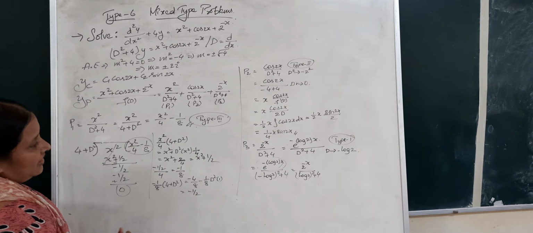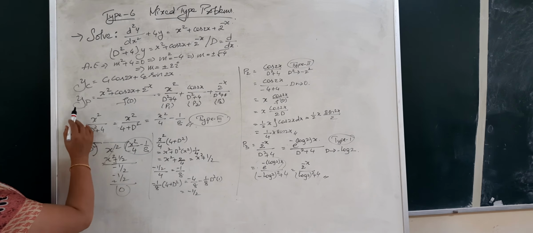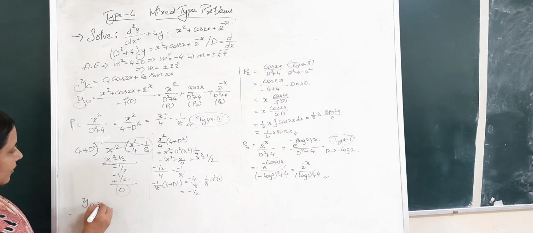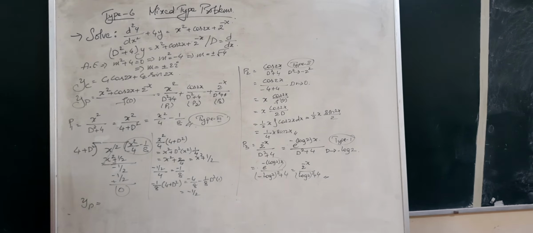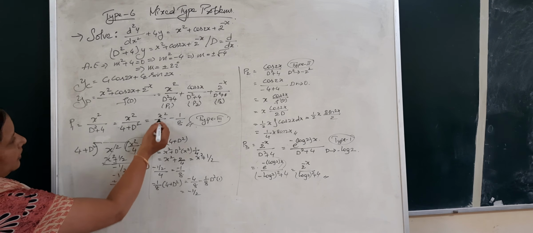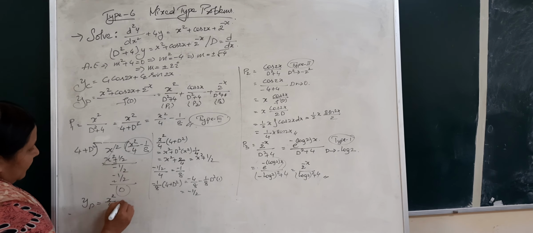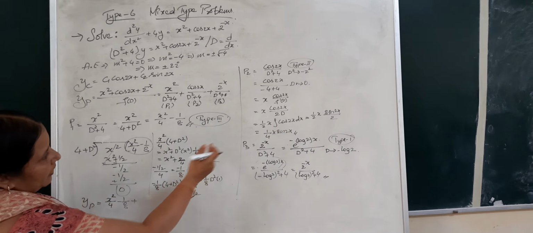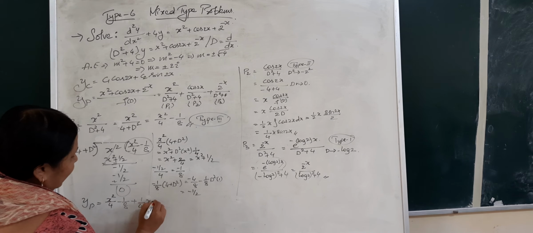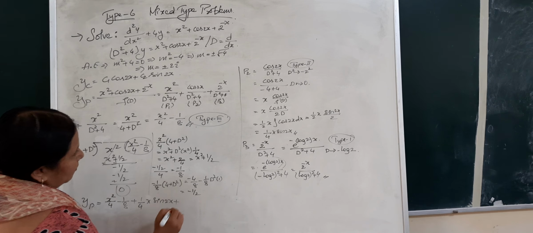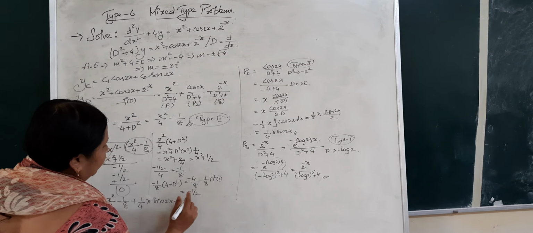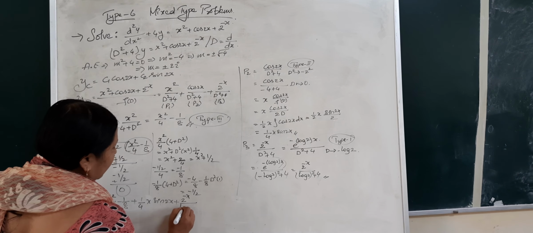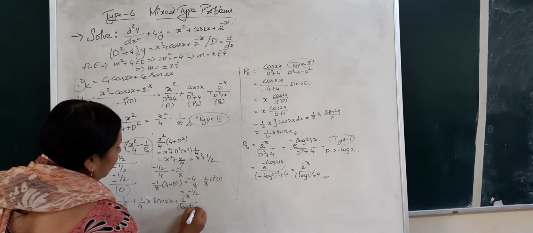Anyway, this is our part 3, and our particular integral has 1, 2, 3 parts, and we are done with all 3 parts. Therefore, yp is equal to, write each and every part and give the appropriate signs. The first part is x square by 4 minus 1 by 8, plus, coming to the second part, the plus sign, 1 by 4 x sin 2x, plus the third part, again a plus sign, 2 to the power minus x divided by log 2 the whole square plus 4.